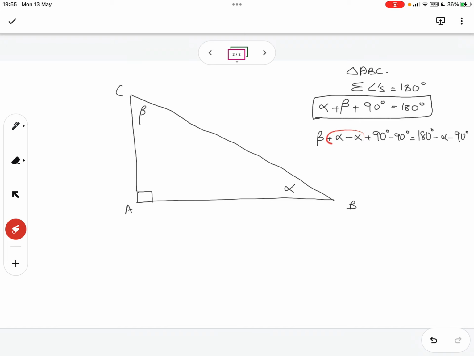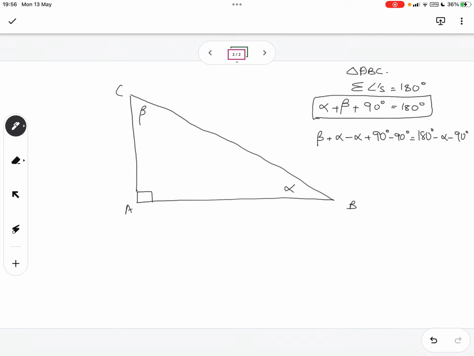What I've just done is made additive inverses on the left hand side of the equation so that these can eliminate each other to give 0. So subtract each other out to give 0. And then I'm only left with beta.